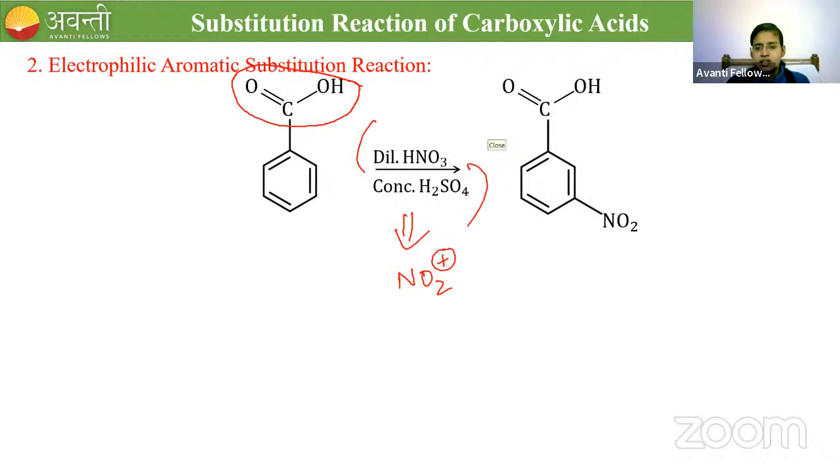The exact answer you guys are not giving. Resonance, no. Listen, COOH group is an electron withdrawing group. COOH is electron withdrawing. So the incoming electrophile is going to the meta position. I told you, right? Very good, JNV Kokrajar. What is your name?